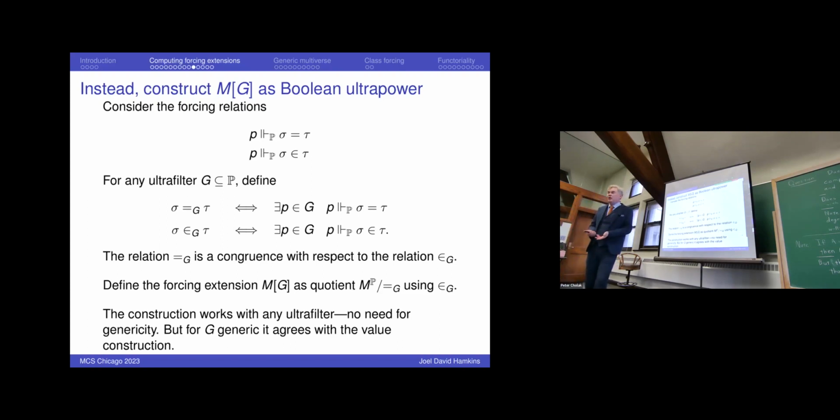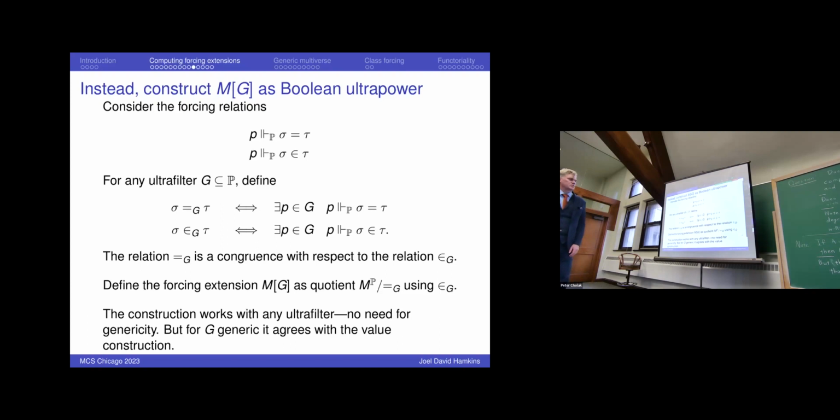If you take the Boolean ultrapower, you're just defining a certain equivalence relation with a certain Boolean value. So sigma is equivalent to tau if the Boolean value that they're equal is in the ultrafilter, which isn't necessarily generic. It's just any ultrafilter, even an element of M is fine. So you don't have to define genericity. You don't have to define G dot or anything like that. And then the forcing extension is just a quotient structure by that equivalence relation.